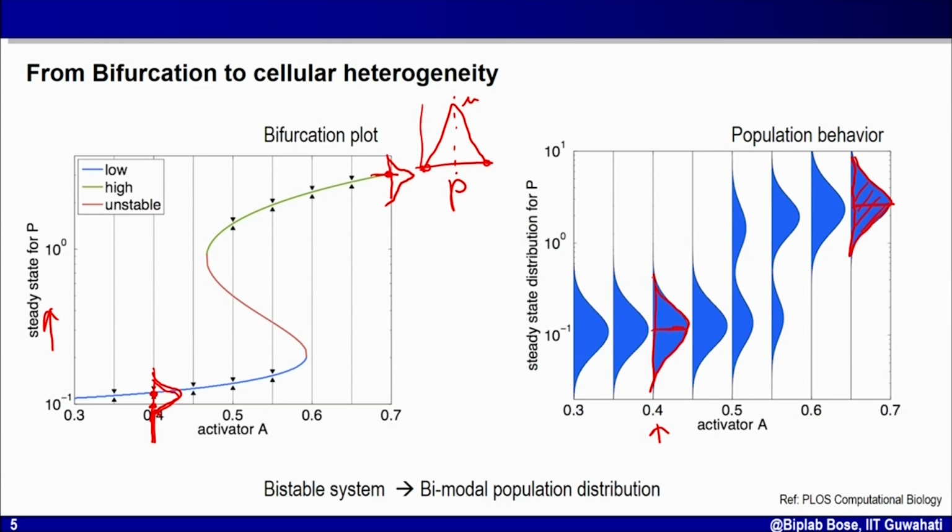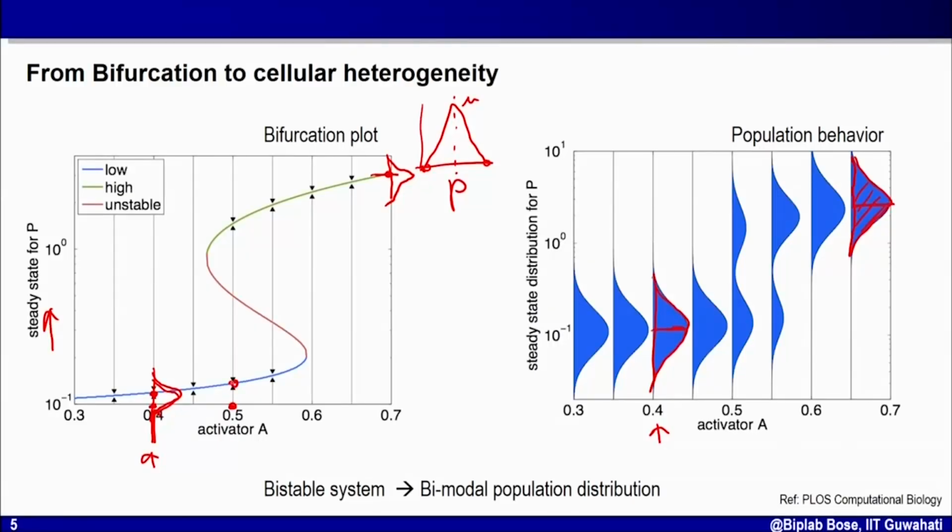In between, what will happen? If I give a signal of 0.5, I have two possible steady states. Suppose initially cells were here, and the signal I am giving from outside was 0.4, and then I have added a few drops of the signal from outside, and the signal increased to 0.5 now. Now if I allow this system to go to a steady state, I will have two possible steady states.